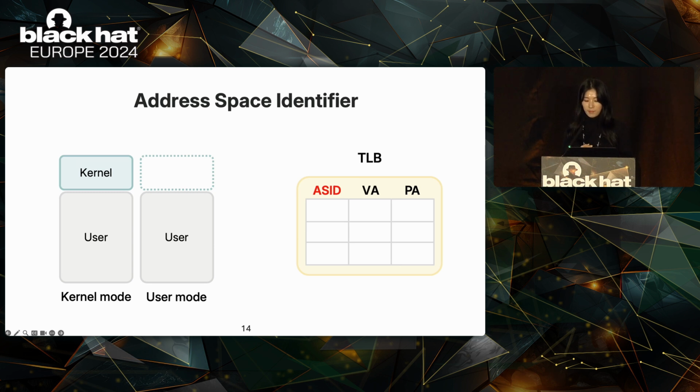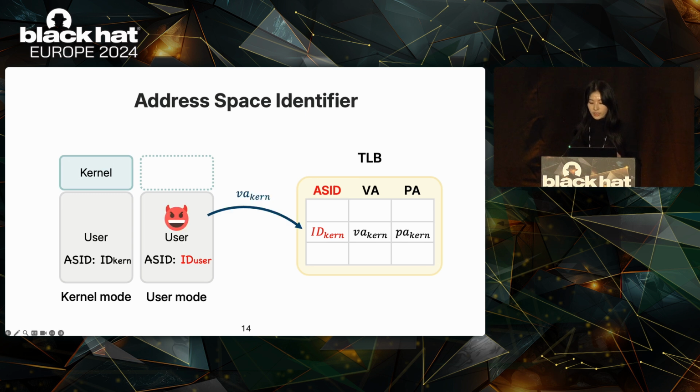With KPTI, because the kernel and user address spaces are separated, the kernel and user are each assigned different ASIDs. So even if an attacker somehow managed to trigger a valid address translation for kernel addresses, it's still happening in kernel mode, meaning the ASID for the kernel address is different from the one used in user mode.